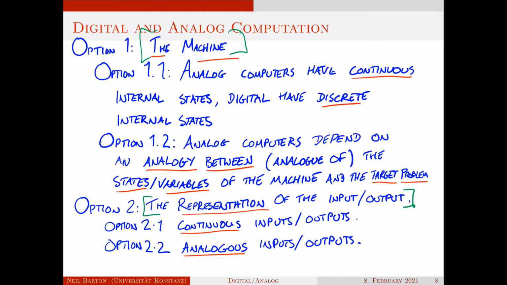So the first option within option one is that analog computers have continuous internal states and digital computers have discrete internal states, right? So when we have a Turing machine, we can never draw half or some value in between 0 and 1. It's just either we get 0 or we get 1, given that that's the alphabet, of course.